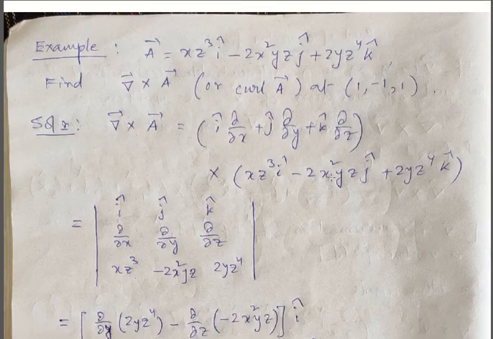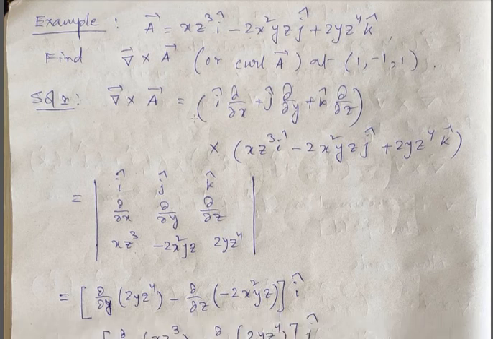Now let us come to this example. The first example: a vector field A is given. Find grad cross A, or curl of A, at the point (1, -1, 1). Simply we perform this cross product.